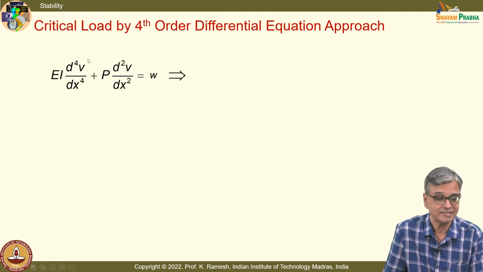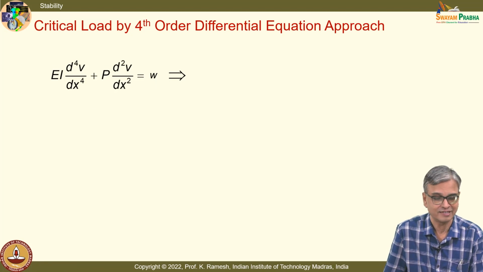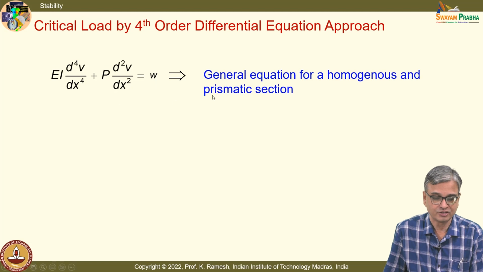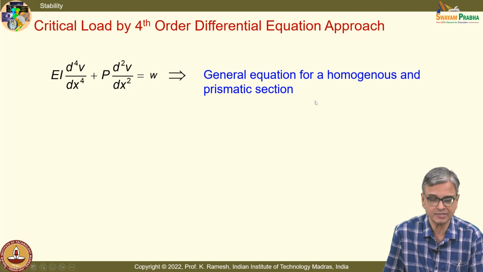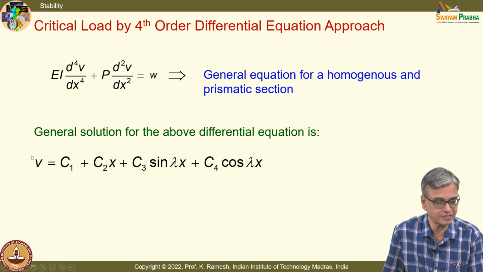Where does this hit in our solution? That also we will see. So, it is a general equation for a homogeneous and prismatic section. That means I have one material and the cross section does not change. And the general solution for this is in this form: the deflection V equal to C1 plus C2 x plus C3 sin lambda x plus C4 cos lambda x.